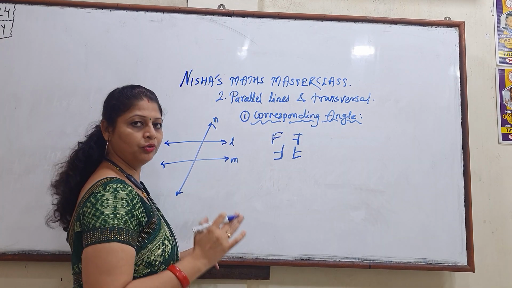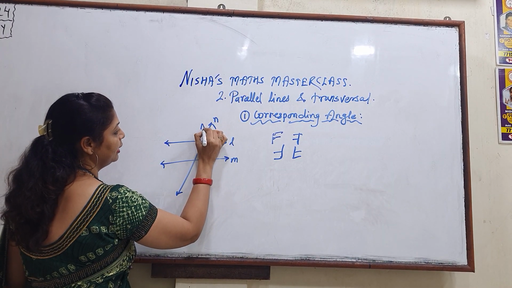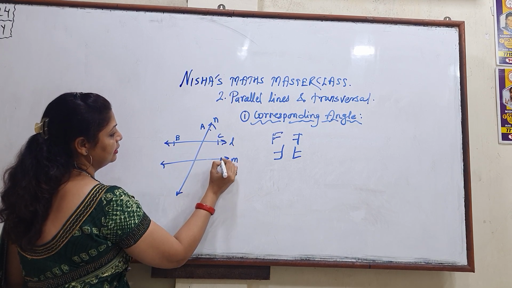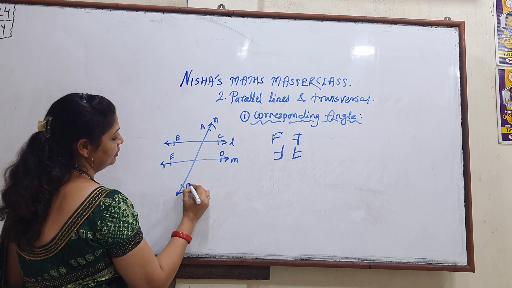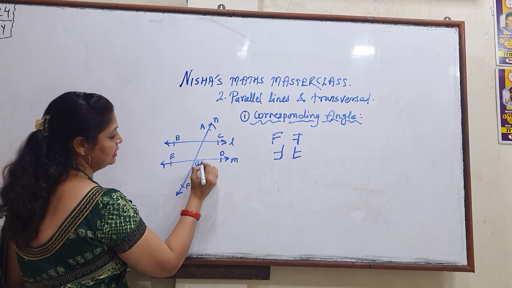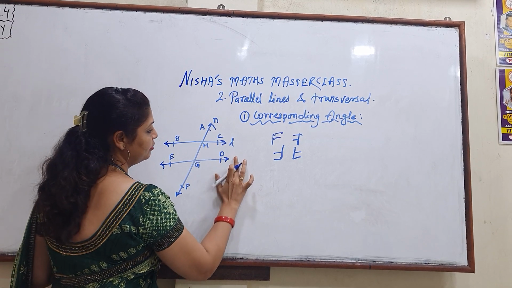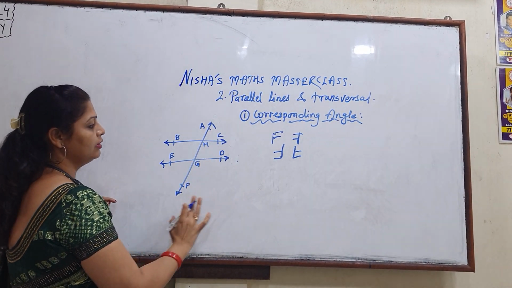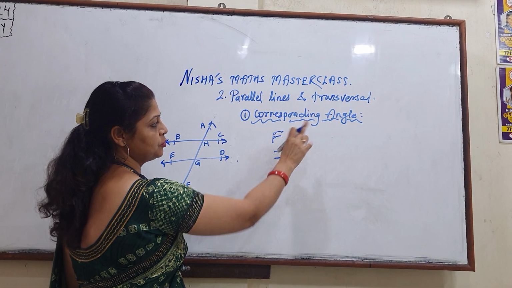First of all, I want to label it properly, so I am labeling: A, B, C, D, E, F, G and H. Now I rub this name. This is our full diagram. Now we have to find F for the corresponding angle.